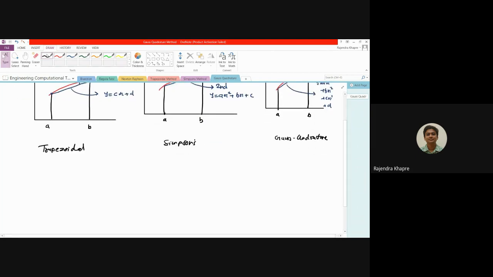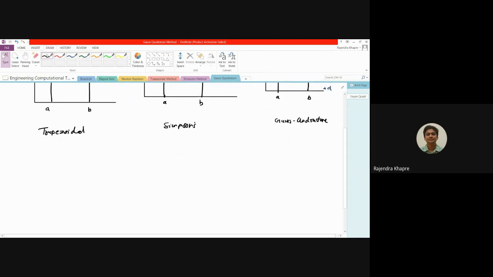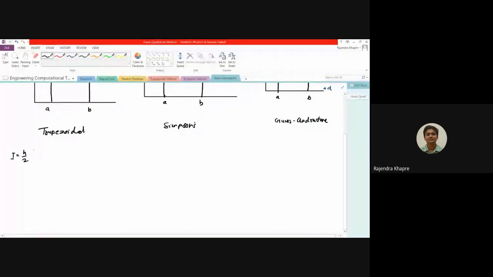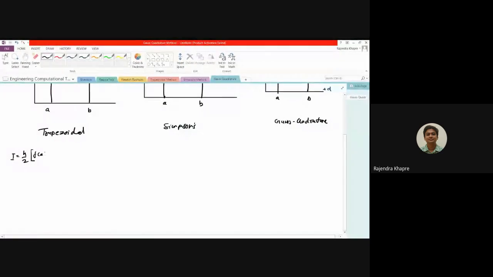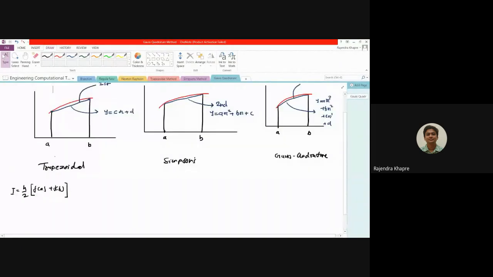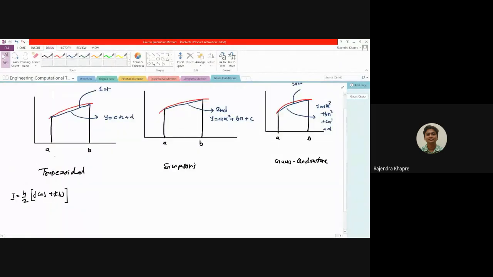Now if you see the trapezoidal equation, it is something like this. You have I equals h by 2 into f of a plus f of b. If you take only one interval, you are going for only f of a plus f of b. There is no intermediate term.